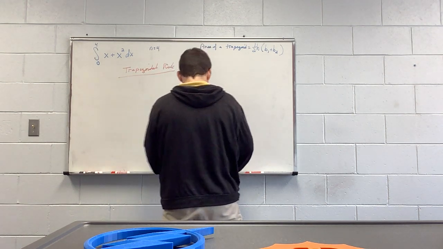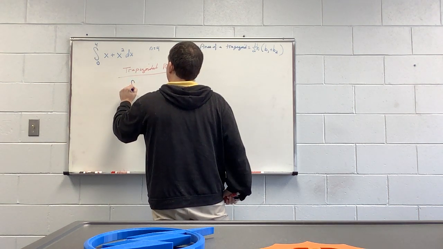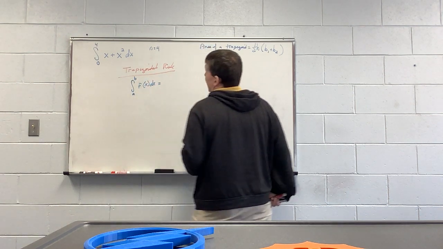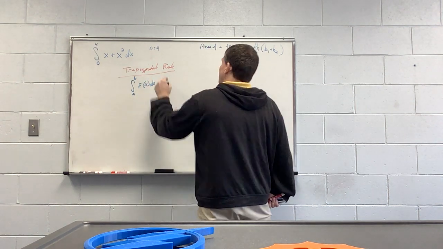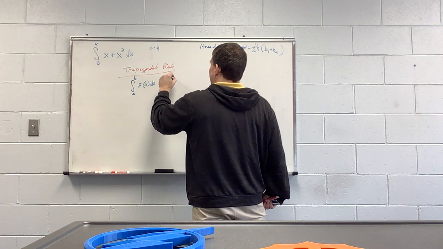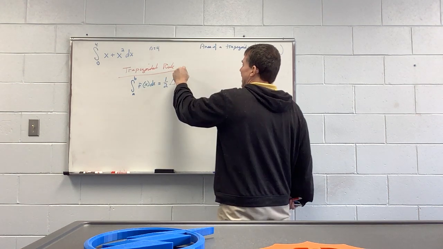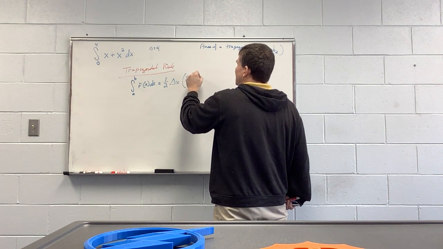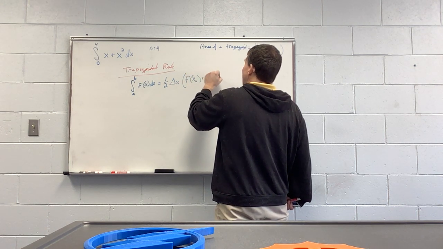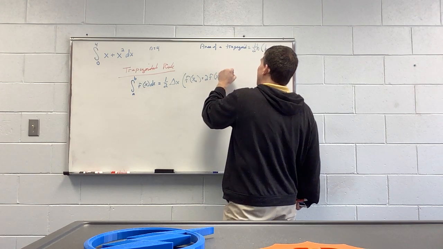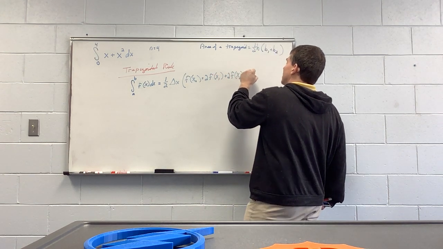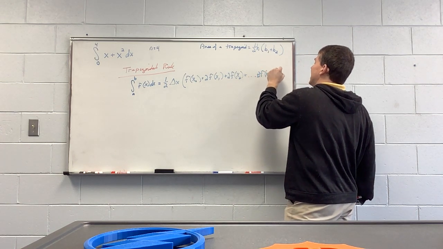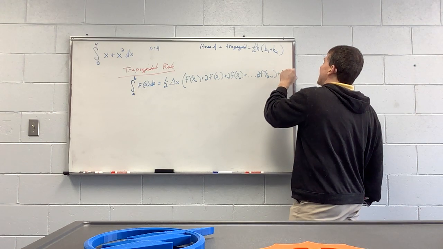And we will say the integral from a to b of f of x dx is equal to, well, let's see, I always have a 1/2, I always have a delta x, times f of x sub 0, plus 2 times f of x sub 1, plus 2 times f of x sub 2, all the way out to 2 times f of x sub n minus 1, and then f of x sub n.